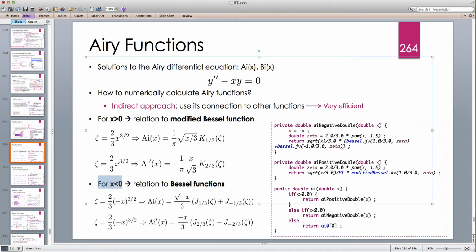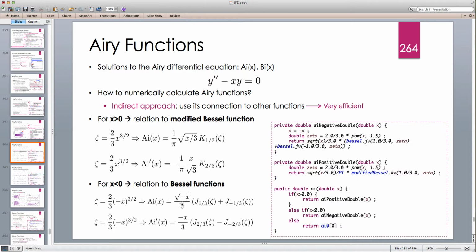So how do we calculate it for x negative? Again, we define this zeta parameter, but we use minus x, or the absolute value of x. So zeta is 2/3 of minus x to the power of 3/2, and this zeta parameter is always positive. All right. And then Ai of x is the square root of minus x. Remember, x is negative, so minus x is positive.